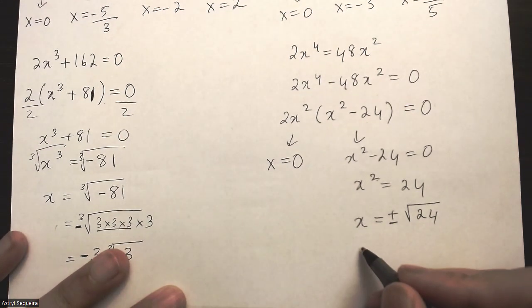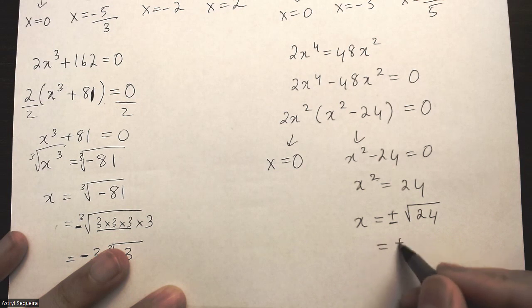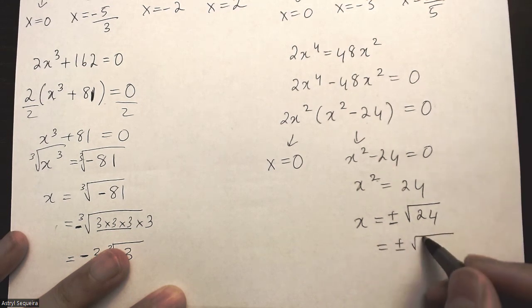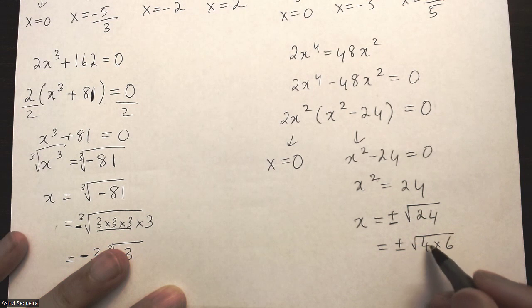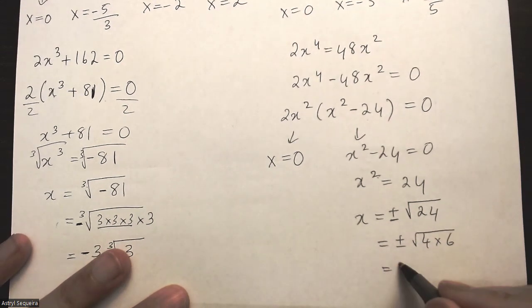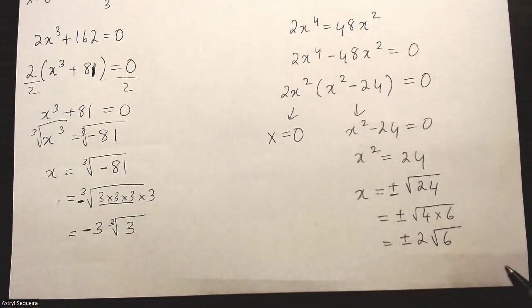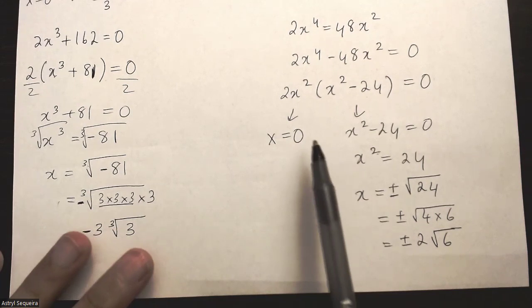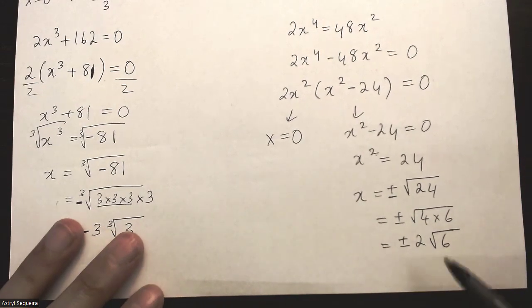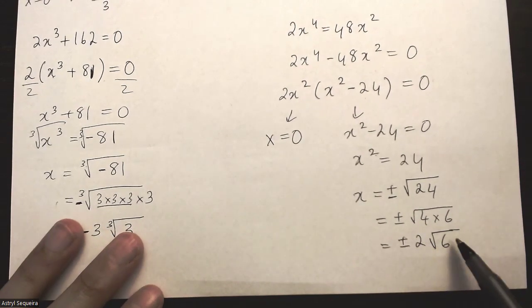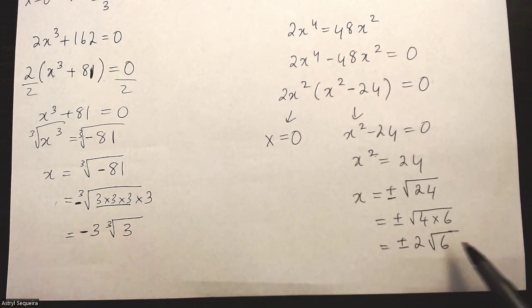Basically, I can turn this into 4 times 6, and then the square root of 4 is just 2. So plus or minus 2 root 6 if you're required to simplify radicals. So 3 solutions in this question: 0, positive 2 root 6, and negative 2 root 6.